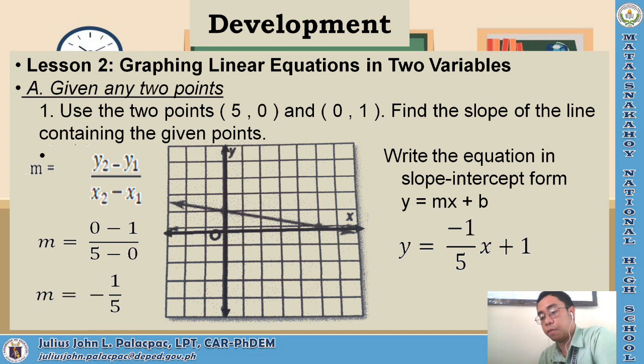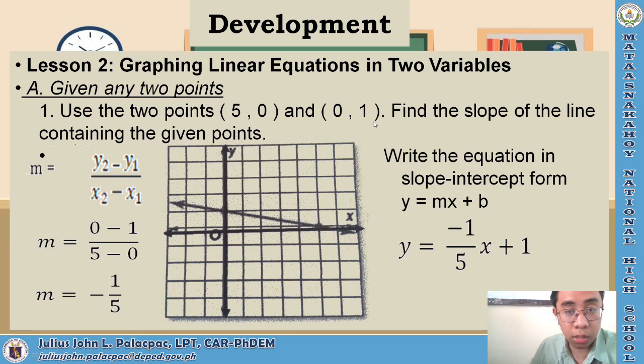The slope formula is m is equal to y sub 2 minus y sub 1 over x sub 2 minus x sub 1. It is important that you always name those points so that in substituting, the numbers will not be confused.